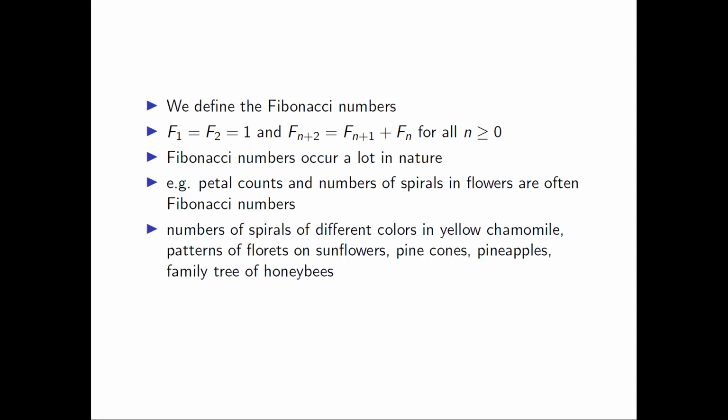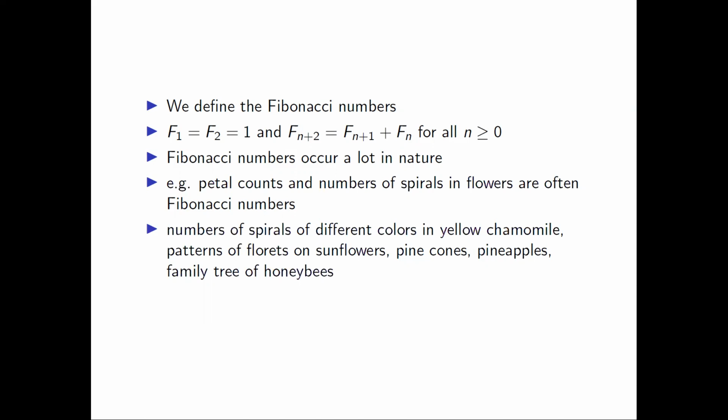More specifically, if you look at the number of spirals of different colors in yellow chamomile flowers, or you look at the patterns of florets on sunflowers, or if you look at pine cones, pineapples, or the family trees of honeybees, you will find Fibonacci numbers.